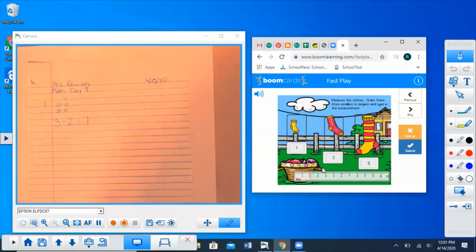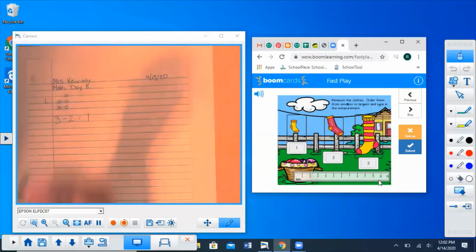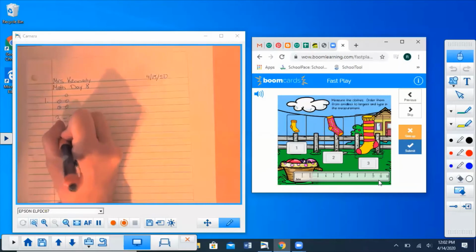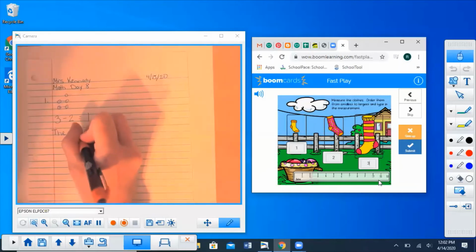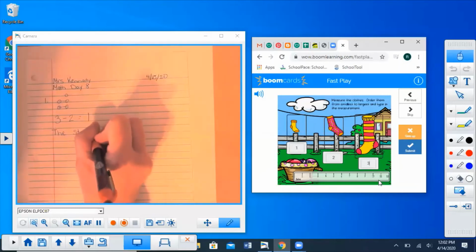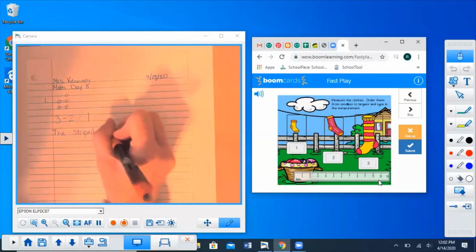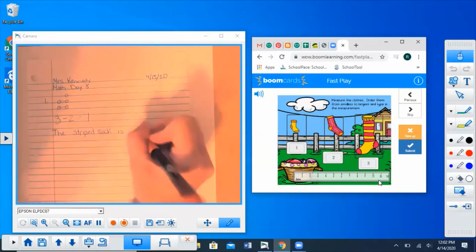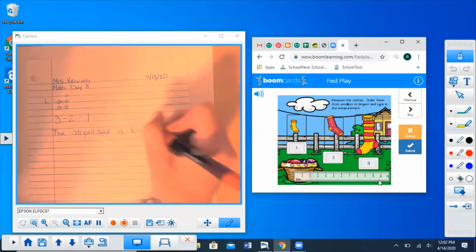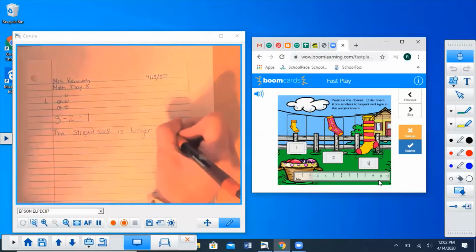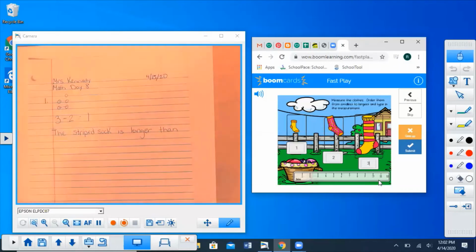All right. So now you need to think, do you want to do shorter than or longer than? Okay, let's start with longer than. So which one is longer than? Good, the stripe sock. So let's start with that. The stripe sock is longer than... Longer than what?